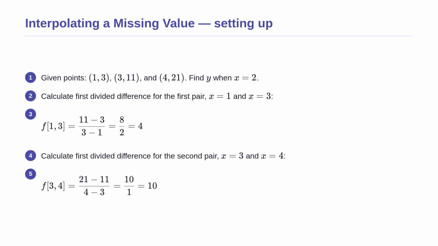Notice the gaps between our x values are 2 and 1, so they are unequally spaced. We start by finding the first divided differences. For the first pair, we subtract the y values and divide by the difference in x, giving us 4. We repeat this exact same logic for the second and third points, which gives us a slope of 10.